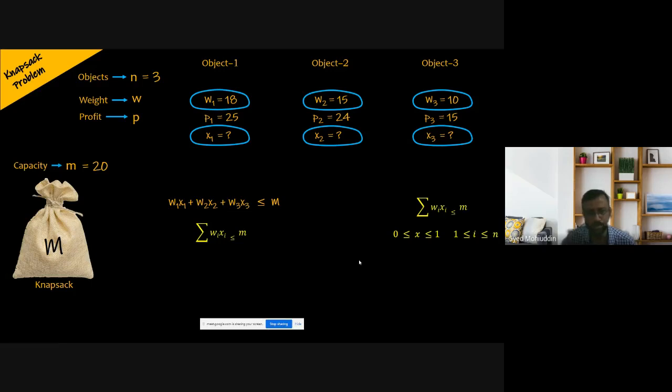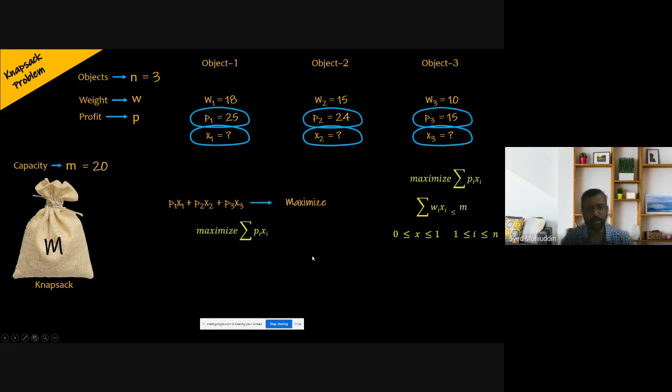Now, what is the profit earned? Instead of multiplying the fraction with the weight, we multiply the fraction with the profit, because that much profit will be earned. So P1 X1 plus P2 X2 plus P3 X3 will give us the total profit, where X1, X2, X3 are fractions and P1, P2, P3 are the profits we achieve by putting those fractions of the weights.